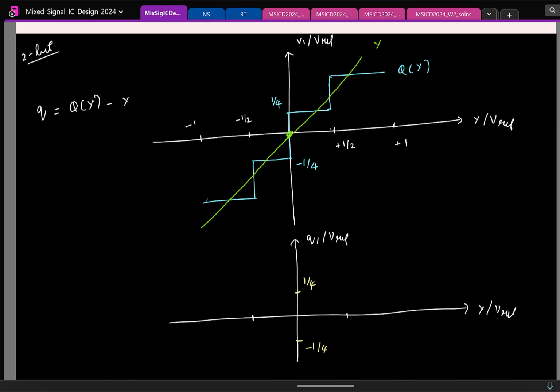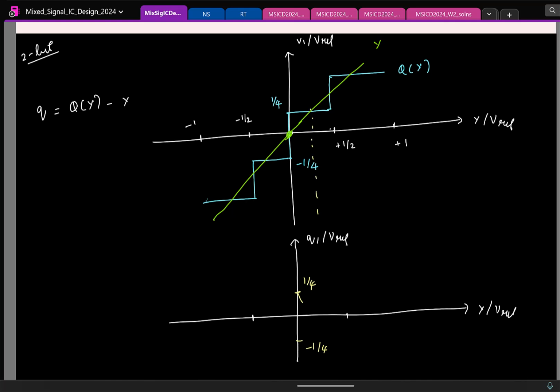Let us say you go positive. This is constant, this is increasing. If you take blue minus green, what will happen to the difference? It will go down. So actually, let me draw this slightly more. So when you take the difference, this is going to go down, and at this point both of them are equal, so it will come to 0.